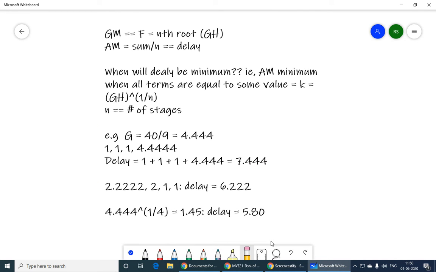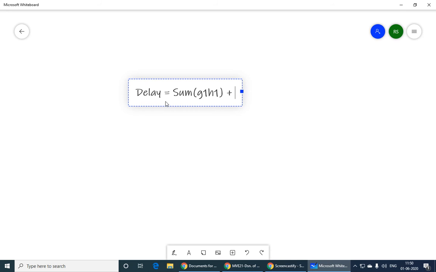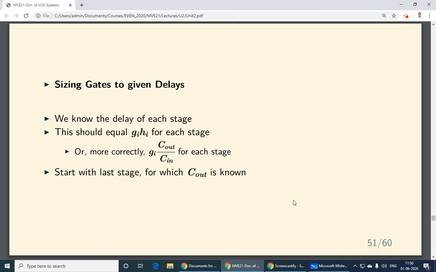Okay, this is the total delay, and this is what we have to calculate as the delay for the full path, and this number is going to be minimum if we use the method of logical effort.